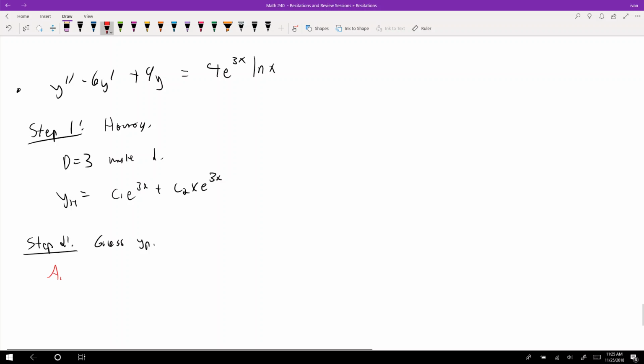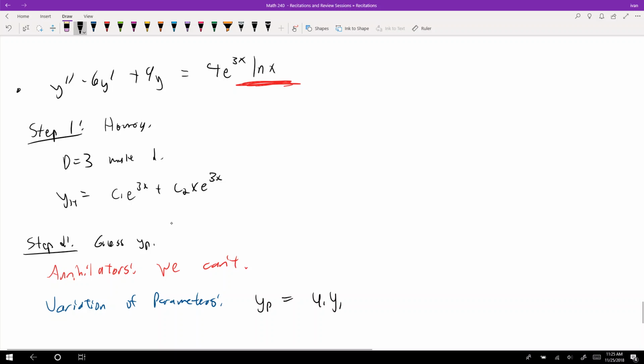And for annihilators, the thing is we can't. So you can't do it. The ln x makes it impossible to do that. So under variation of parameters, we see that yp is equal to u1 y1 plus u2 y2.